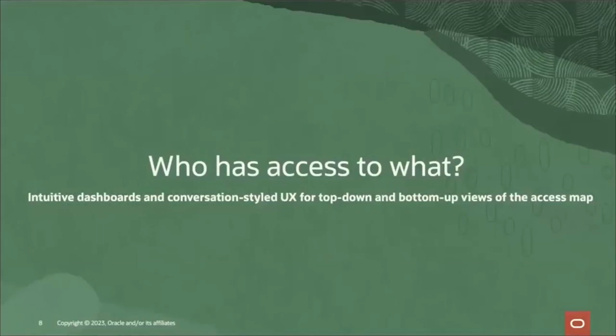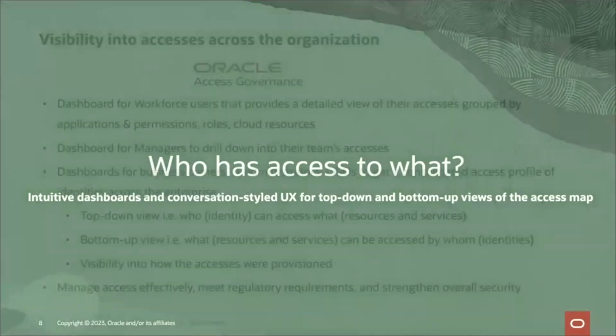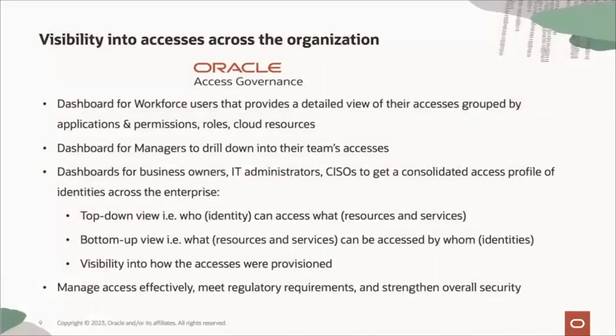The first capability is around who has access to what. We solve this problem by providing intuitive dashboards and a conversation style user experience, where we provide both top down and bottom up views. Top down is for individual users and managers, so they can see which user has access to what resources in the organization. End users get to know what access they have, and managers can see their own access as well as their team's accesses.